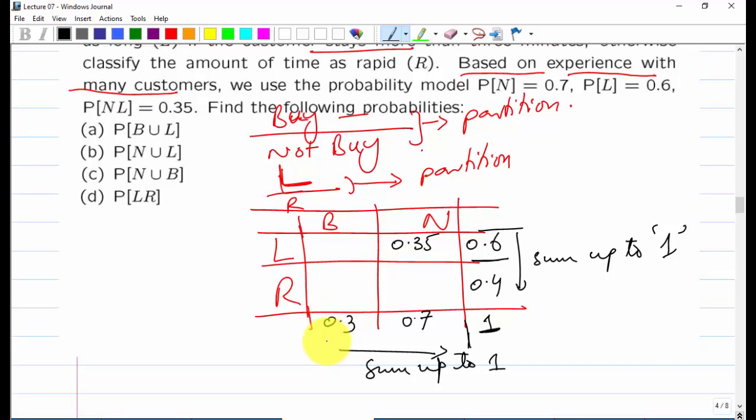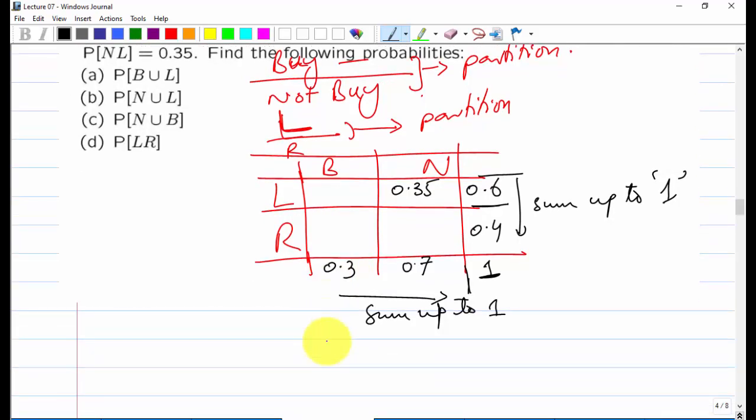To fill up the rest of the table, we can see that probability of not buying is actually probability of NL plus probability of NR.